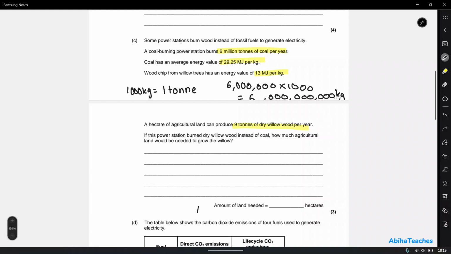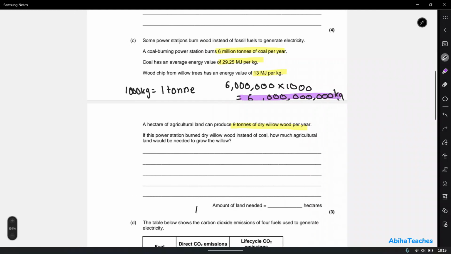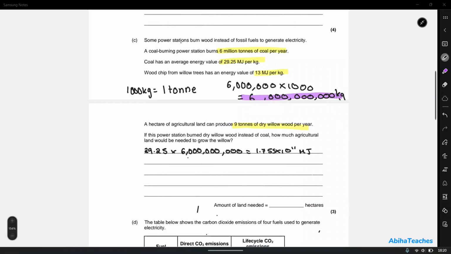And then we're going to multiply this value, which I've highlighted now in purple, by 29.25 in order to get the coal consumption per year. And when we do this, we get 1.755 times 10 to the 11 megajoules.